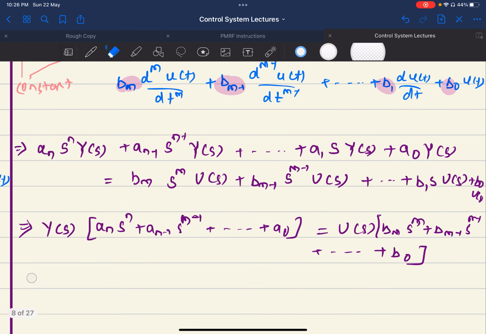So what will be my transfer function? It is equal to Y of s, the Laplace transformation of y of t, divided by the Laplace transformation of u of t.